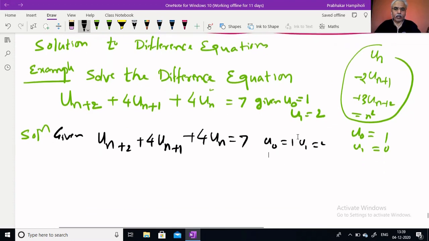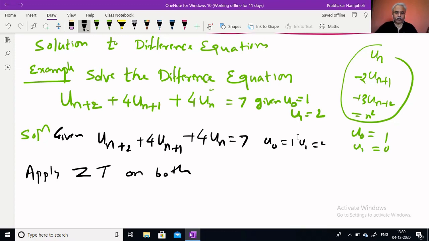Now apply z transform on both sides. Just like you differentiate both sides, integrate both sides, multiply both sides, apply z transform on both sides.